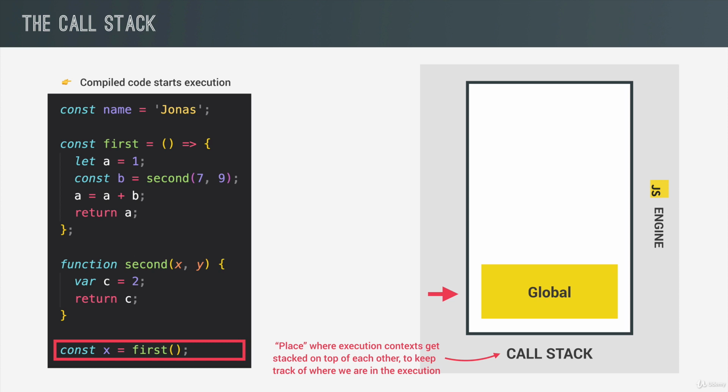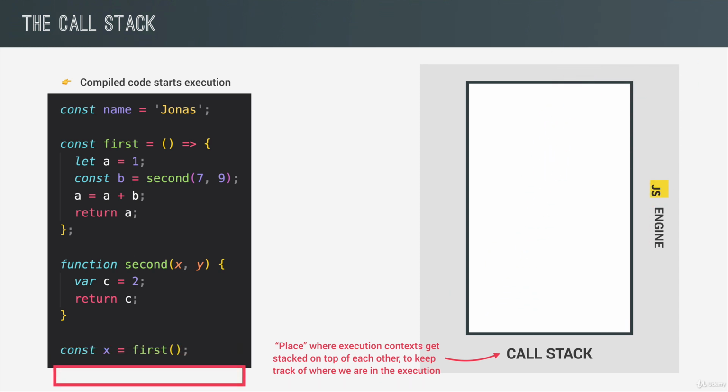Now the program will actually stay in this state forever until it is eventually really finished. And that only happens when we close the browser tab or the browser window. Only when the program is really finished like this is when the global execution context is also popped off the stack.